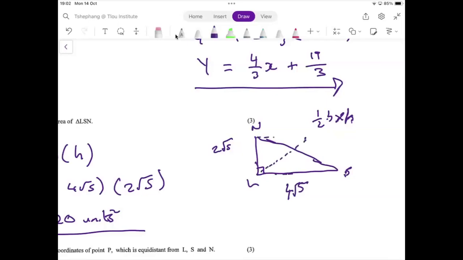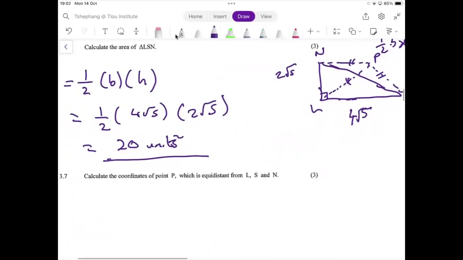This distance must be equal to that distance, which must be equal to this distance. So these are equal. Okay? We must understand that part first.